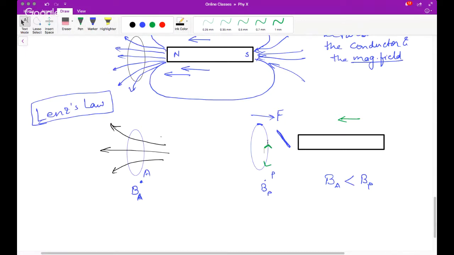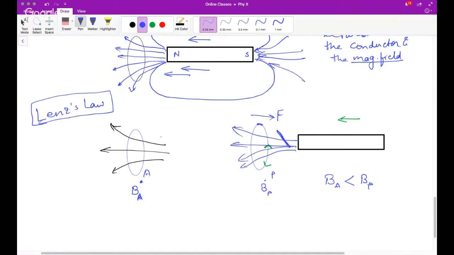Now, Lenz's law says that the induced current will be such that the induced magnetic field because of that induced current will always oppose the inducing magnetic field. Please understand, it's a little complicated in terms of wordings. What I'm saying is, this is my inducing magnetic field.